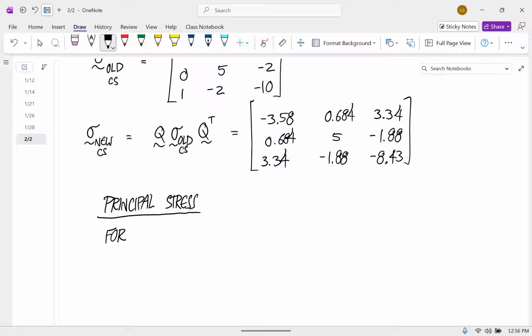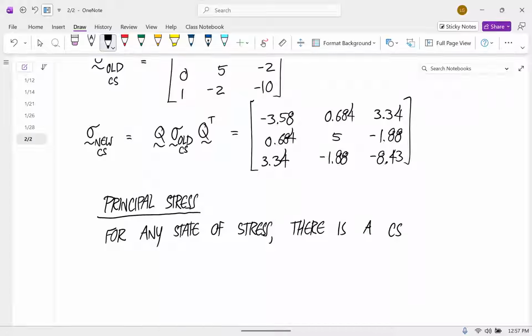For any state of stress, there is a coordinate system with no shear stresses.